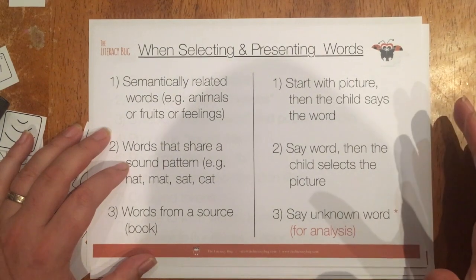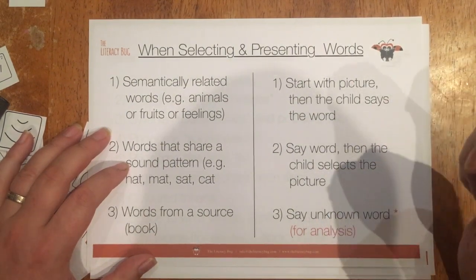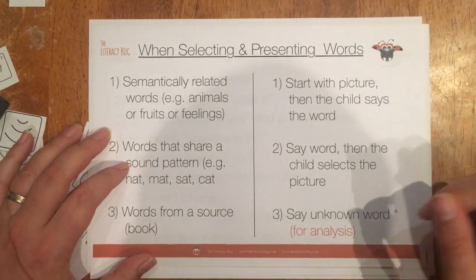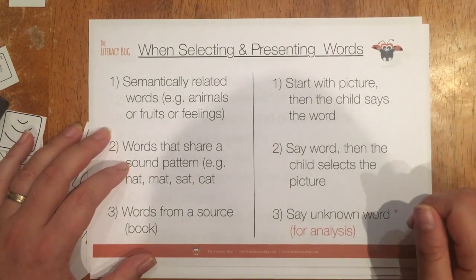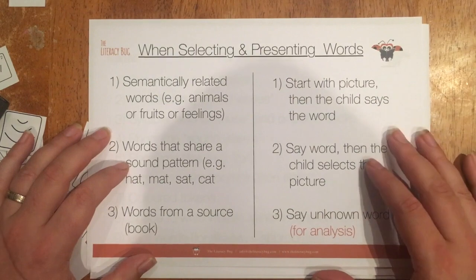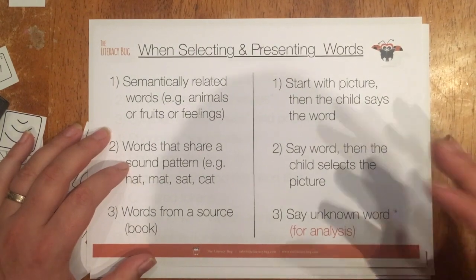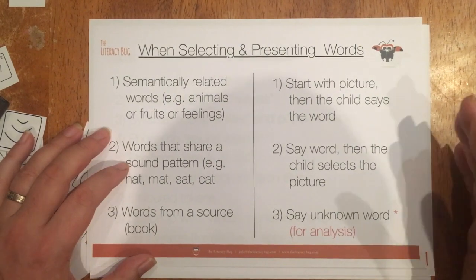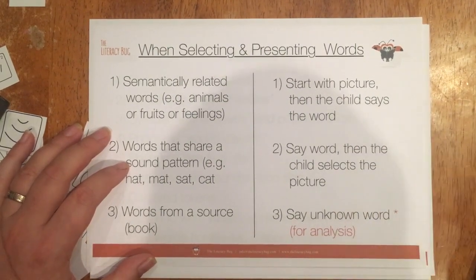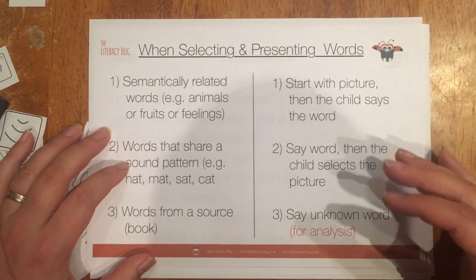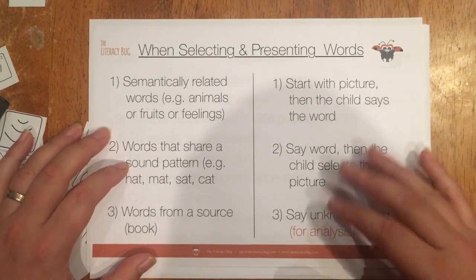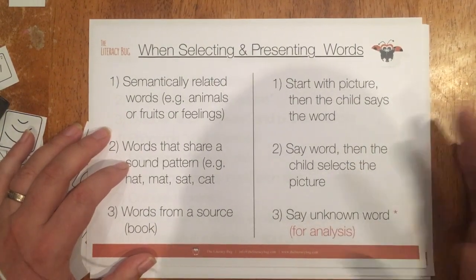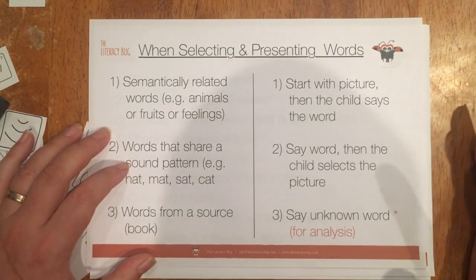In starting the activity, you can start with the picture and have the child say the word, or you can say the word and the child has to select the picture that matches the word that you've just said. Or for advanced learners, you don't have pictures at all, and you say an unknown word. And when I say advanced learners, that's an older learner. You say, okay, let's focus upon the word diatribe.